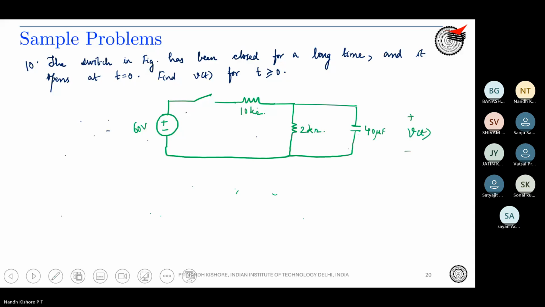So the switch was closed for a very long time and it was opened at t equal to 0.